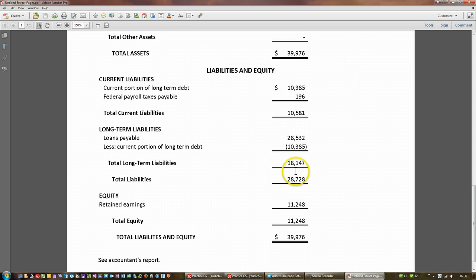Then when we add our total liabilities to our total equity, that's going to equal the total liabilities and equity section. And again, the total liabilities and equity equal the total assets. Therefore, our balance sheet balances, and we've got a good balance sheet.